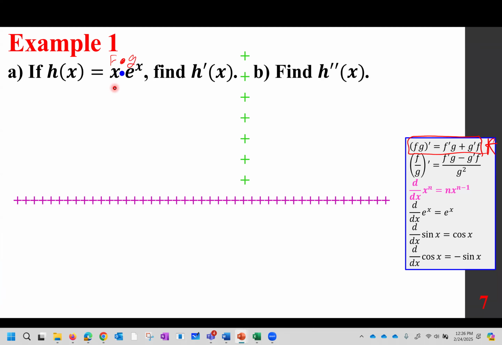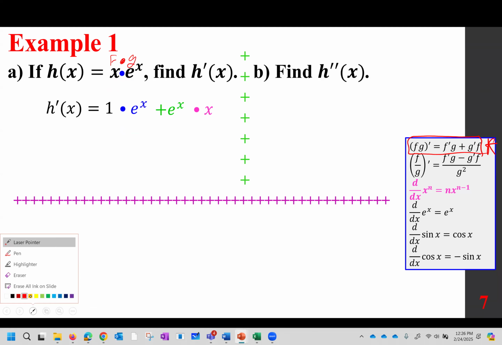F prime is 1 times e to the power of x. So f prime g plus g prime f is e to the power of x times f, which is simply x. And I put it at top just to emphasize how we arrived at the answer.